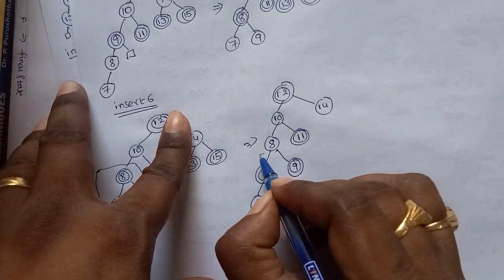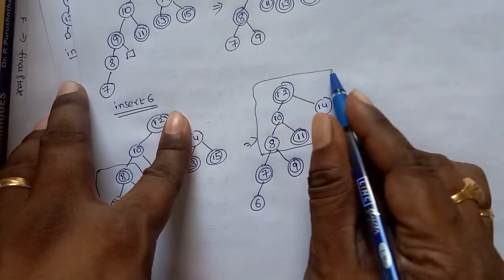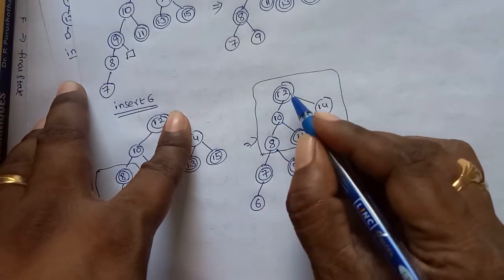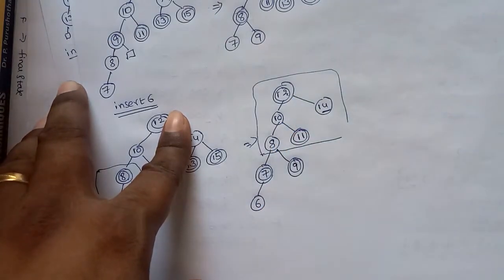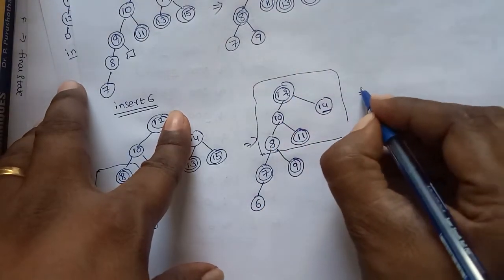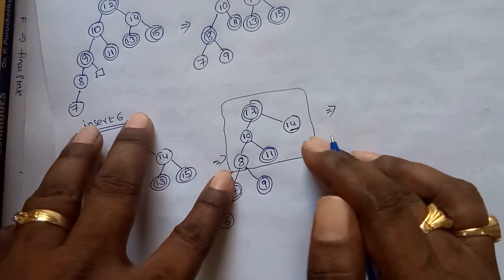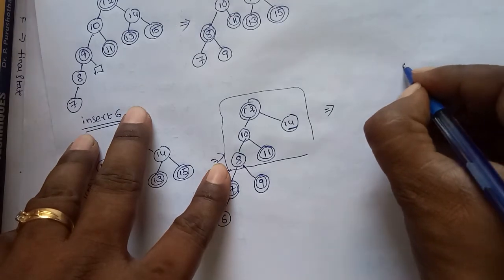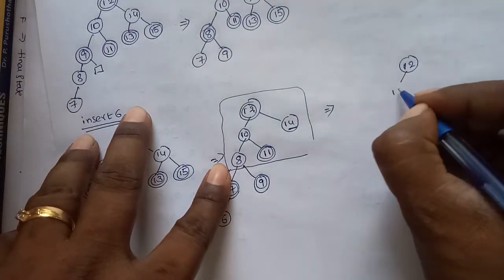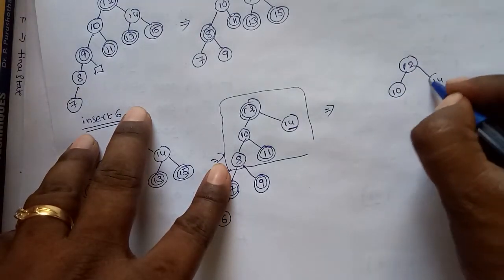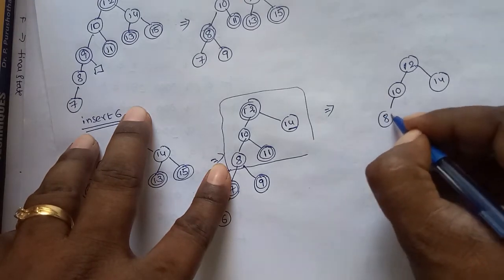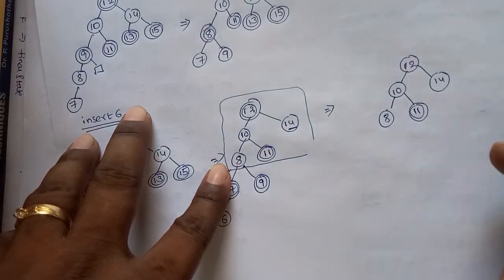For this we have to consider this part only. 8, 10 is the parent, 12 is the grandparent, 14 is the uncle node. The uncle node is colored red. So perform recolor operation. After performing recolor operation, what colors are changed? 12, 10, 14, 8, 11.